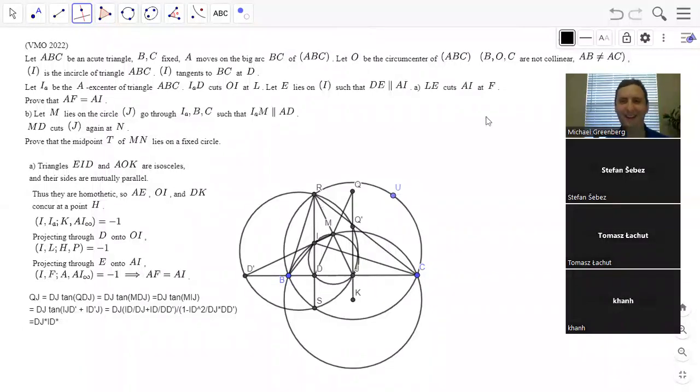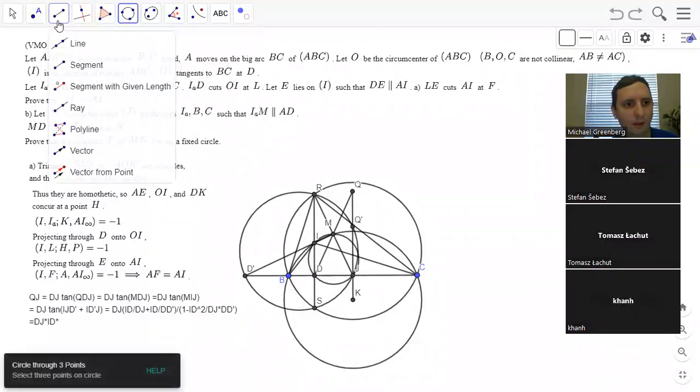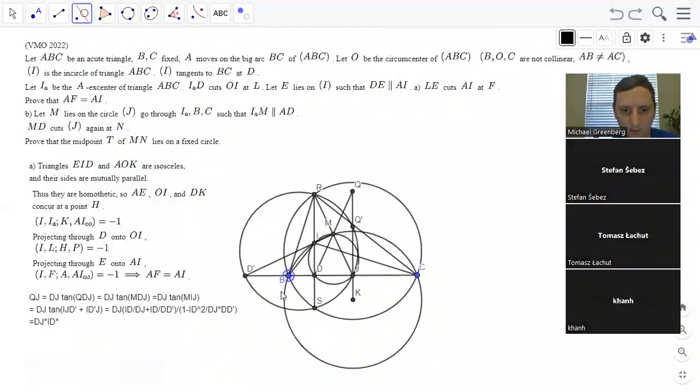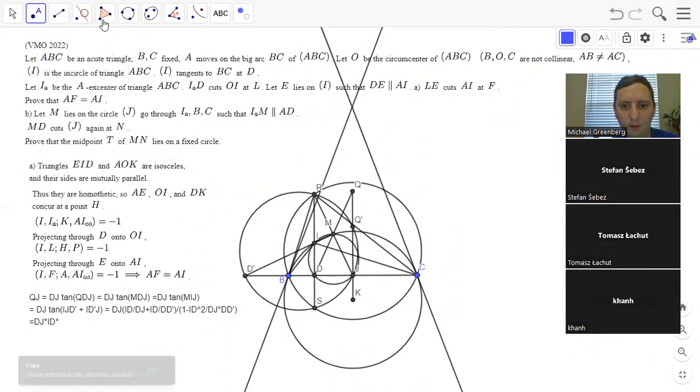Okay, yeah. Interesting. There's actually another way that you can just define point Q and then just prove that it is a fixed point. So you can let the tangents at B and C of circle BIC intersect at a point. Yeah, tangent at B and C. Then Q is the midpoint of UJ.